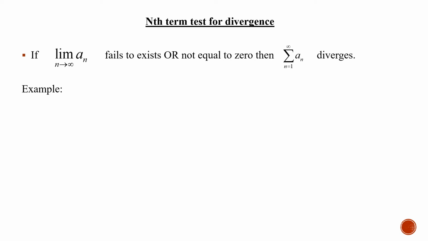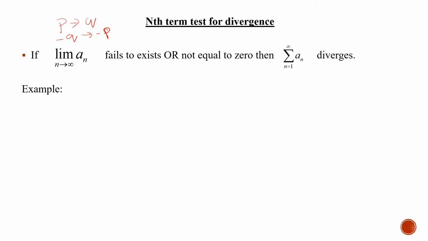So here is our next theorem, which is called the nth term test for divergence. Now this theorem can be derived from the previous theorem by mathematical logic. You already know that if P implies Q, then not Q implies not P. In the previous theorem we saw that if summation of an converges, then the sequence will converge to 0.